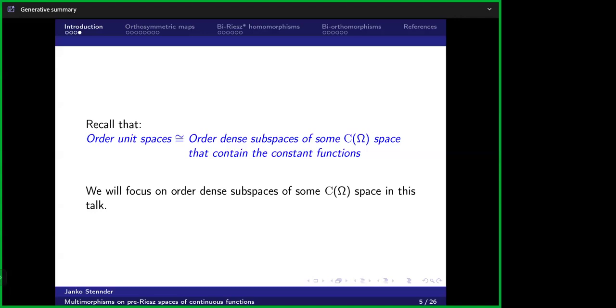That's why here I'm going to focus on ordered subspaces of these functions, but have in mind with this we already have all the unit spaces covered as well. But from now on only continuous functions, so maybe it's a bit easier for you to follow.